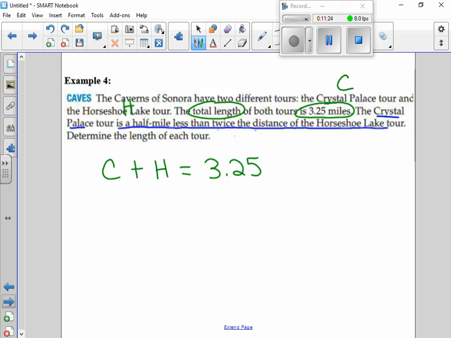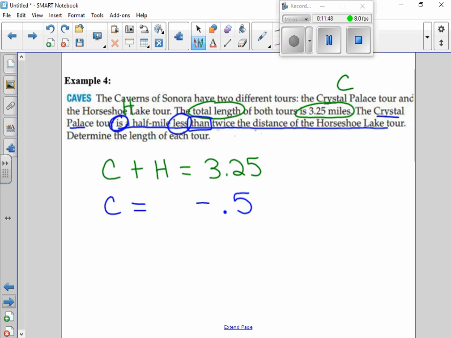So if I write it as I read it, Crystal Palace C is equal to a half mile, that's 0.5, less means subtract. There is our switch word than, so I'm going to move this 0.5 and put it at the end, half of a mile, okay?